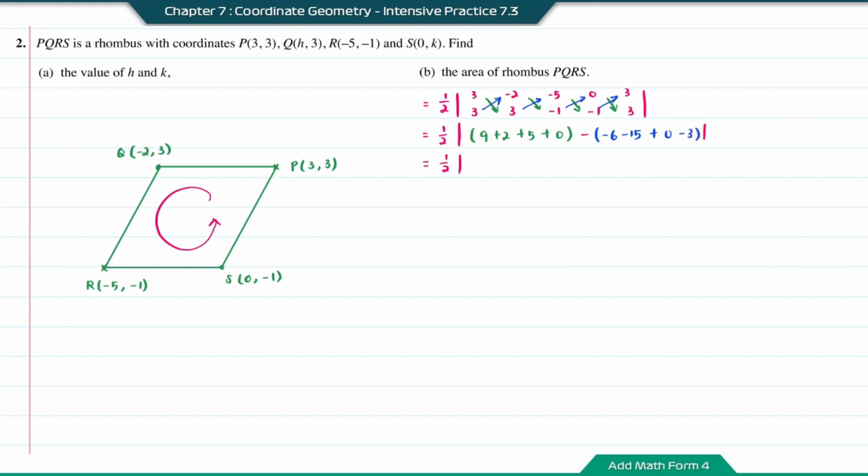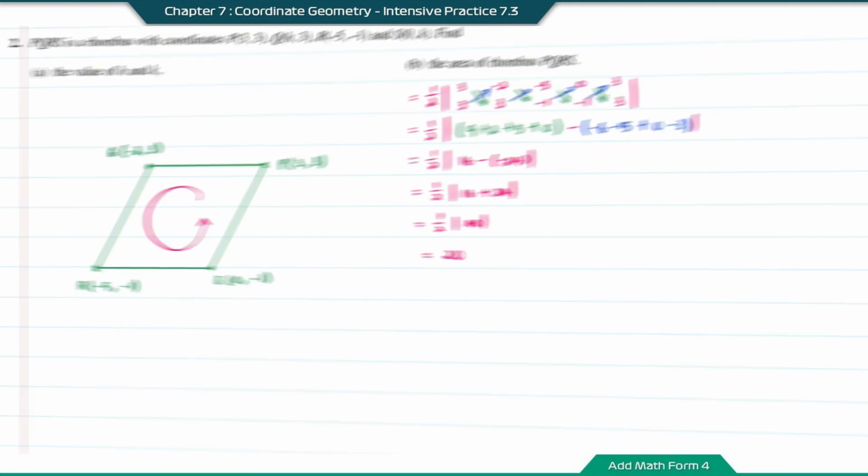So 1 over 2, the answer in the first bracket is equal to 16, then minus the sum in the second bracket, which is -24. So this is the same as 16 plus 24. So 1 over 2 times 40. So the answer will be 20 units square.